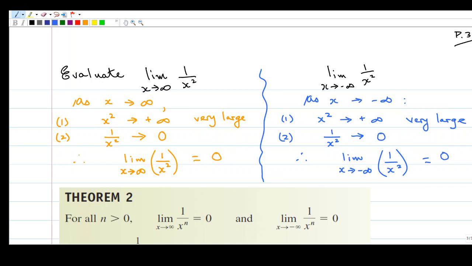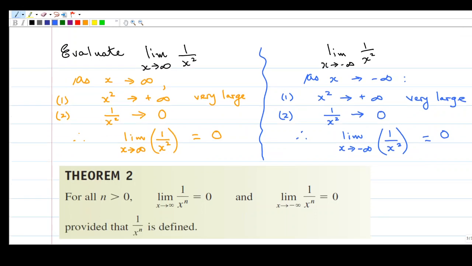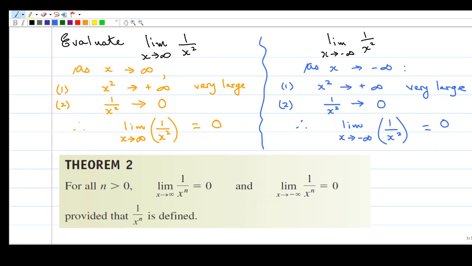And these two results give us the statement of the next theorem. Theorem 2, right, this is generalizing what's happening above.